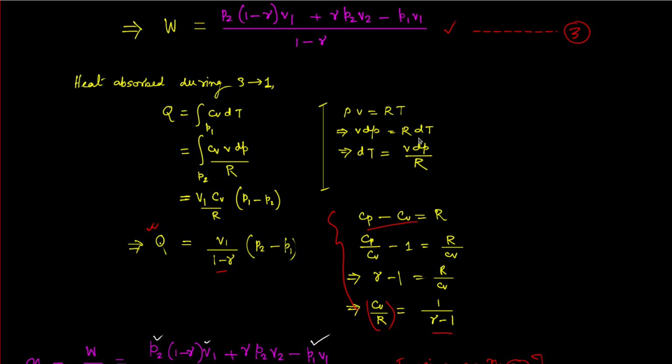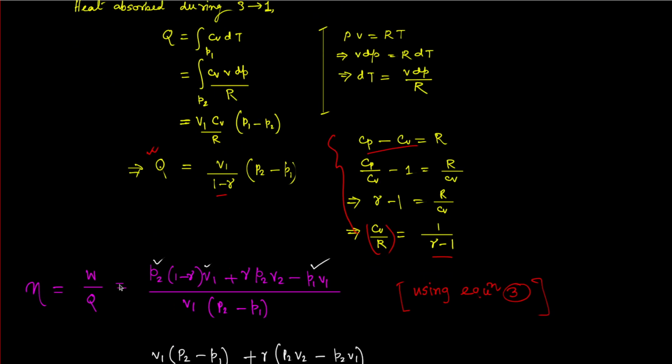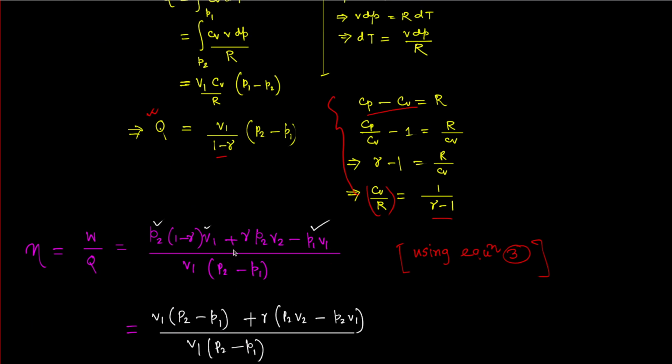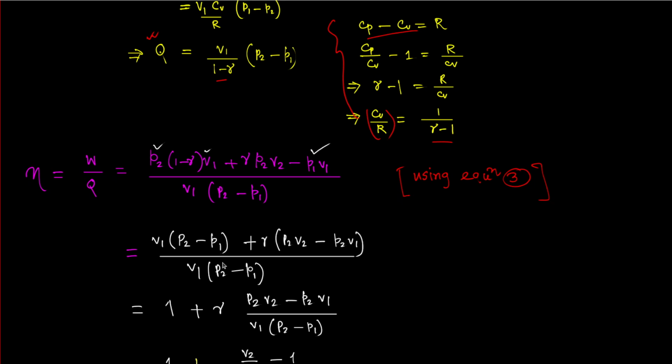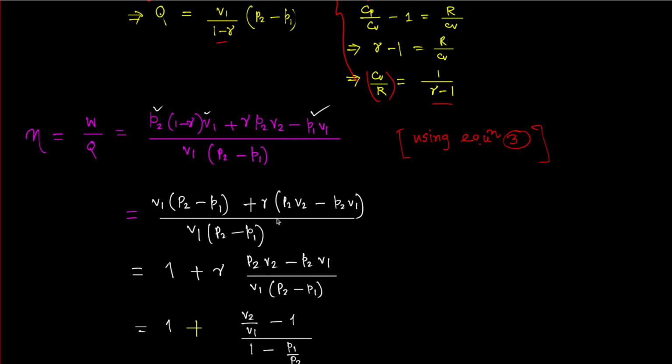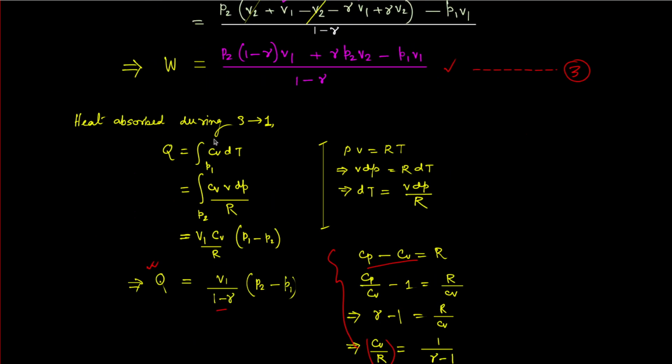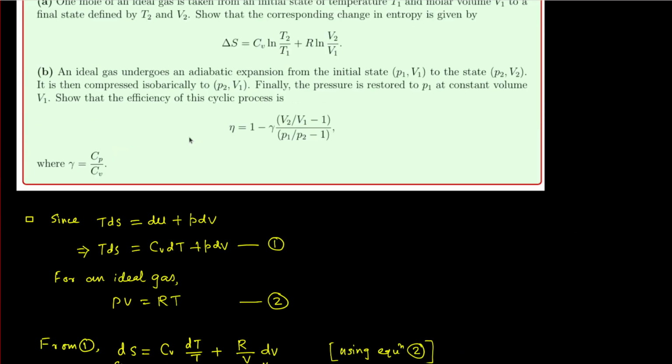And now from equation 3, the work done divided by this heat absorbed is the efficiency. 1 minus gamma here, 1 minus gamma there, that cancels out. After simple algebraic manipulations, you will get the efficiency as described in the question here.